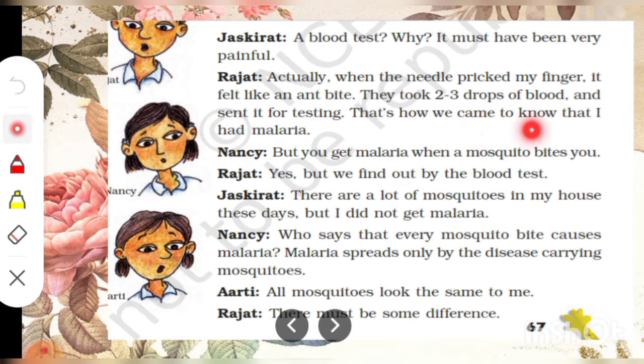That's how we came to know that I had malaria. So now, with the help of the conversation, we come to know that Rajat was suffering from malaria. And how are we able to diagnose malaria? With the help of a blood test.